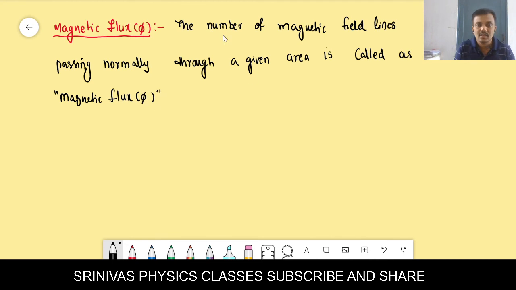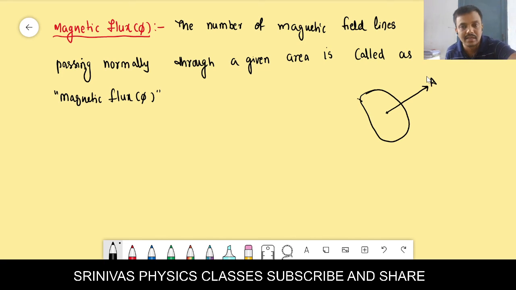The number of magnetic field lines passing normally through a given area is called magnetic flux. For example, we are taking a certain area, a certain paper. For this area the area vector direction is this one, and the field we are applying like this.